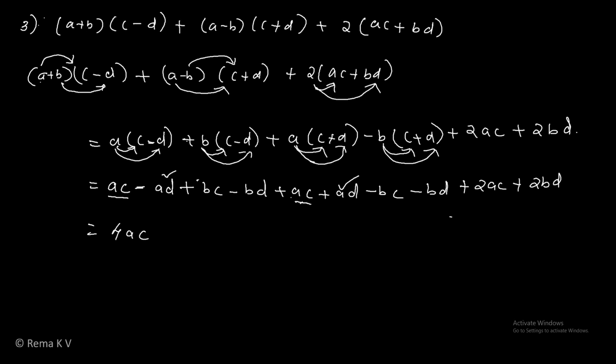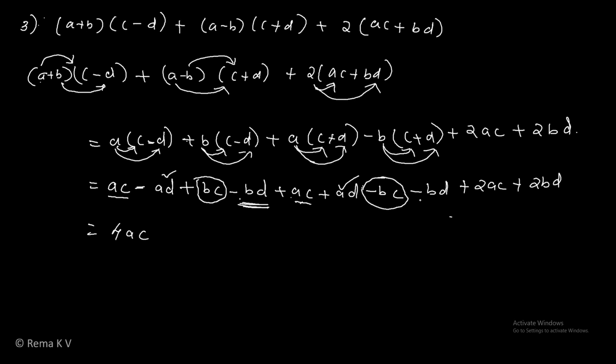Now let us consider this BC. 1 BC. Here plus 1. Here it is minus 1. Minus 1 BC. So it becomes 0. Now the next is minus 1 BD.